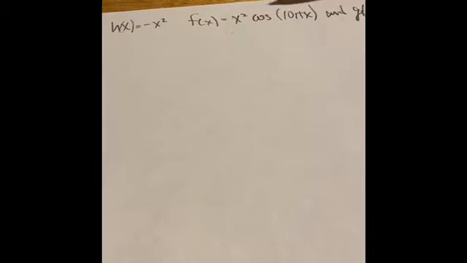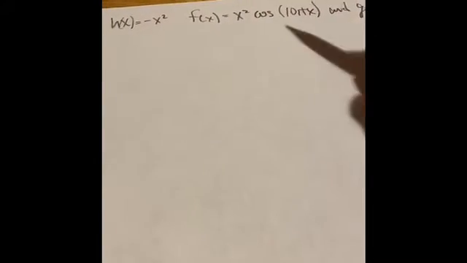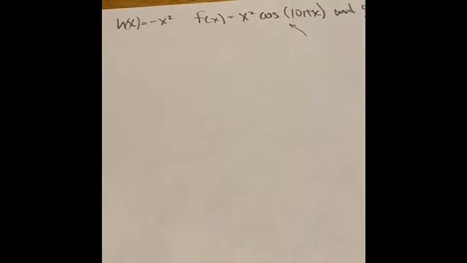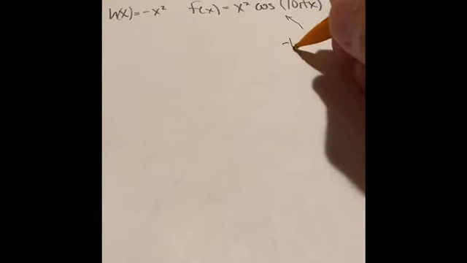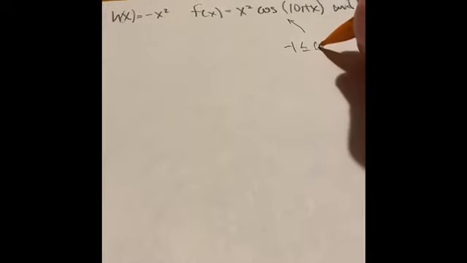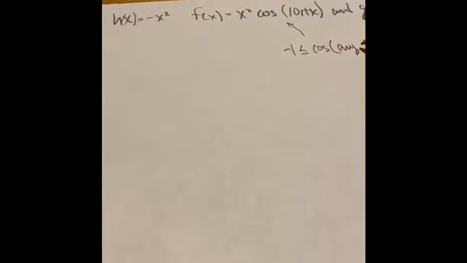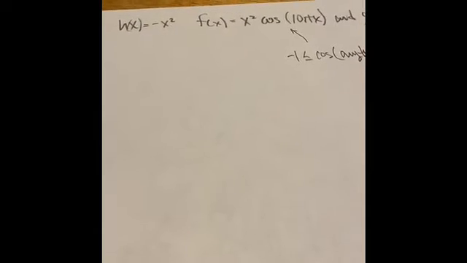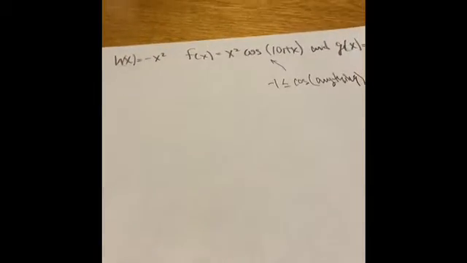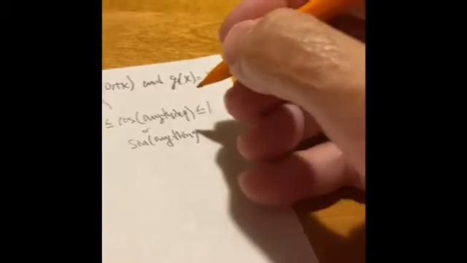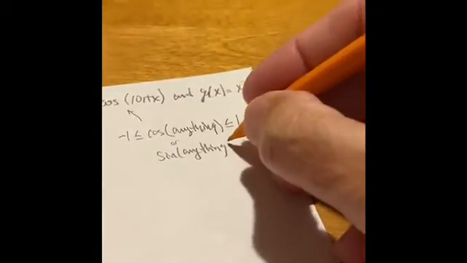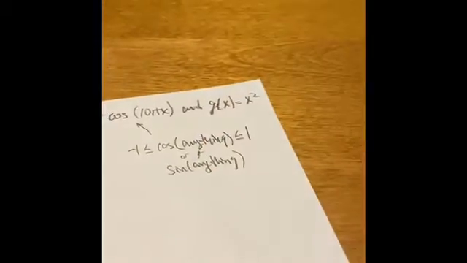We know that f of x is this function, and because cosine or sine have the trait that it is always between or equal to -1 and 1, the cosine of anything or sine of anything is always between -1 and 1.